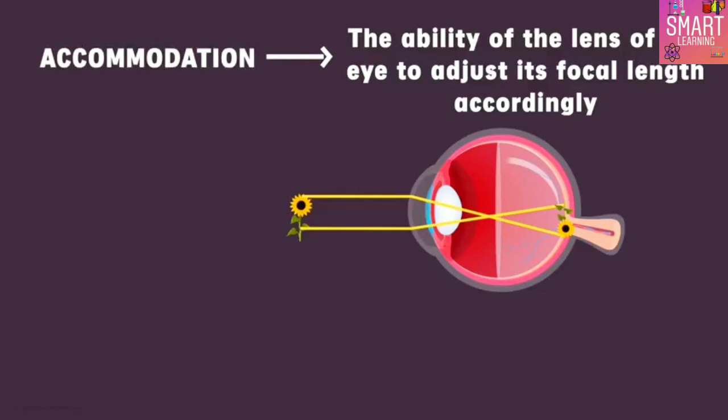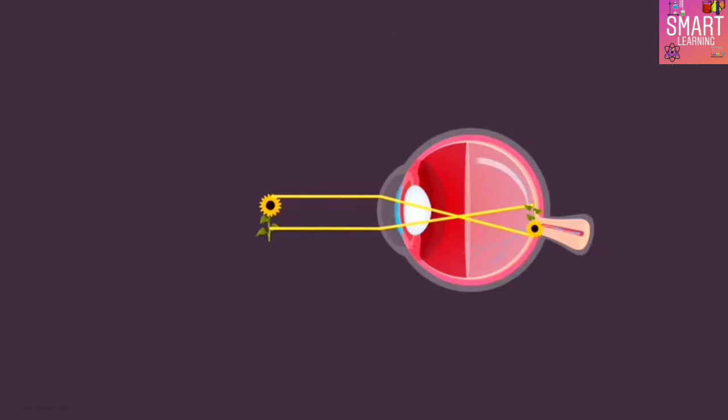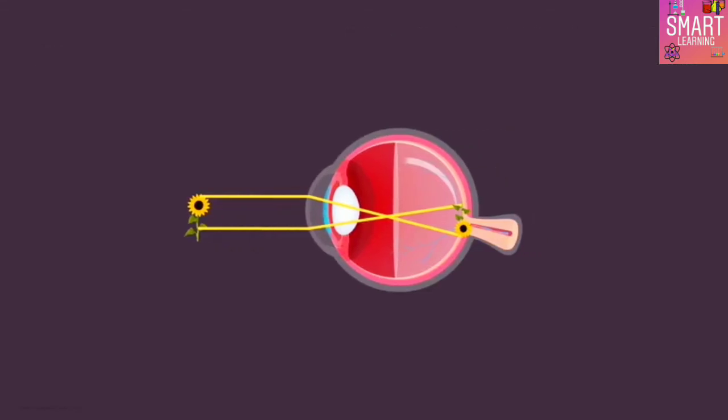Now, obviously, there is some limit to how much it can increase or decrease the focal length. One of the cases is when the object is too close to a normal eye. If you take an object close to your eye, the image appears to be distorted. You will not be able to see the object clearly. This is because the image is not formed on the retina. In that case, we have to strain our eyes in order to view the object clearly.